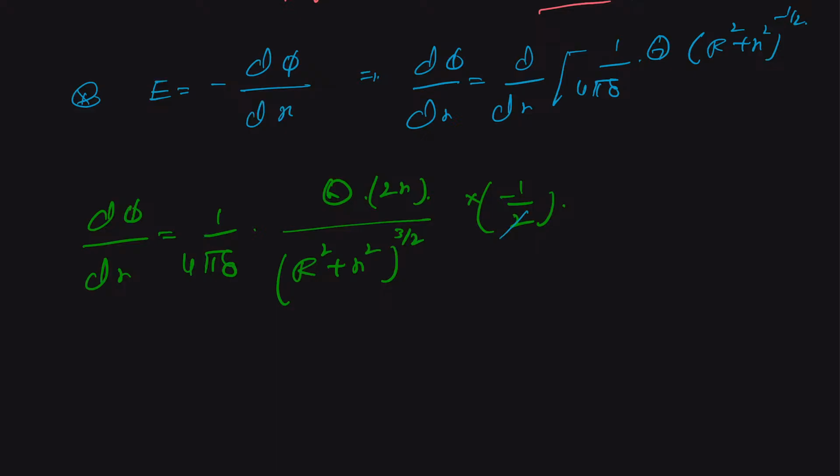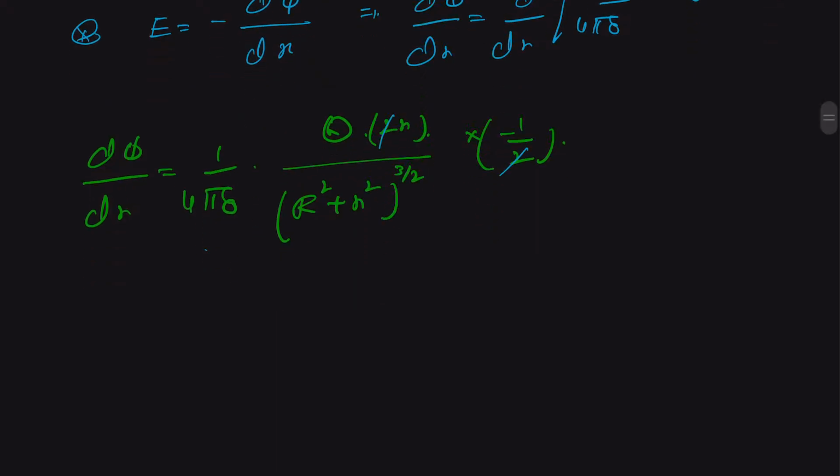So here the 2 and 2 cancel out. So what we get is nothing but our electric field at a distance of x. This negative sign we already have. So this we have proved.